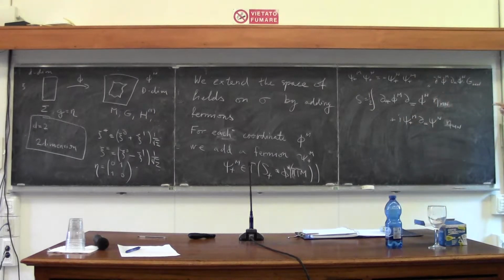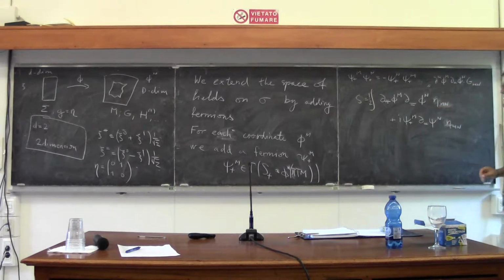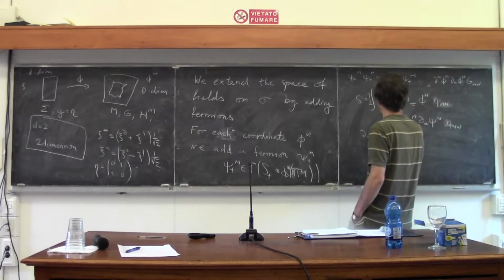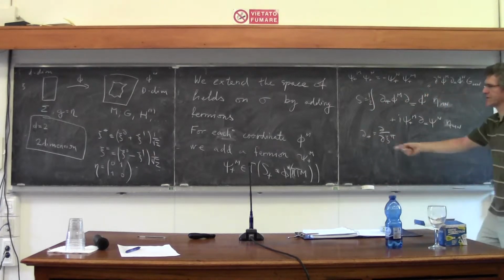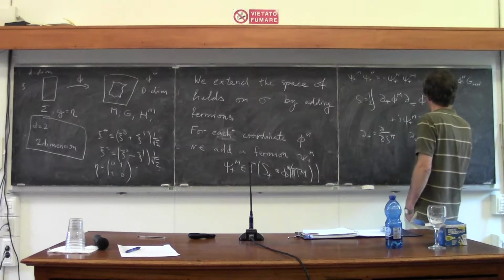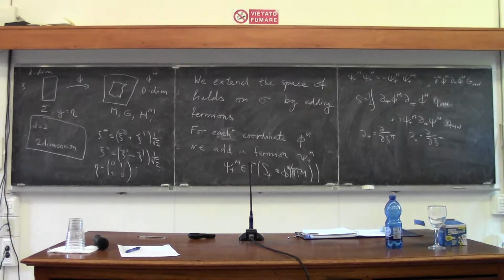To be as simple as you can, let me choose G to be the flat metric. D plus is the derivative with respect to sigma plus.